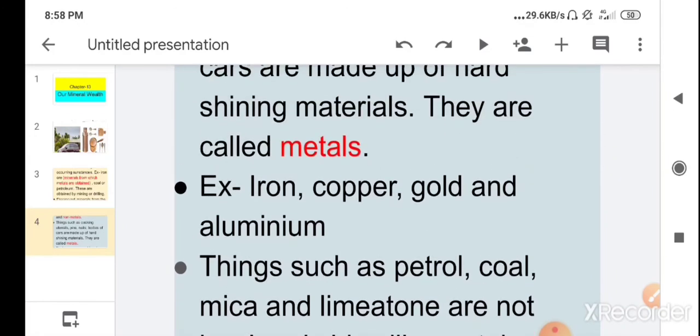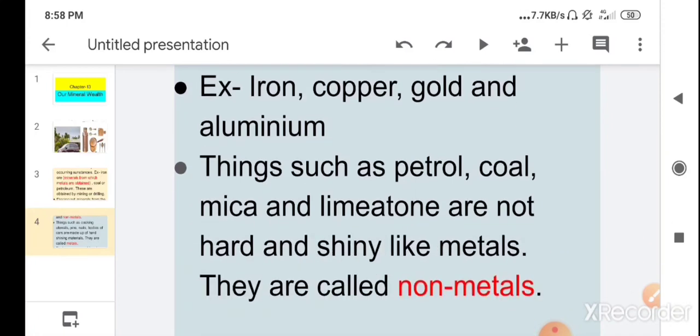So what is metal? The things made of hard and shiny material are called metal, and the things which are not shiny and hard like metal are called non-metal.